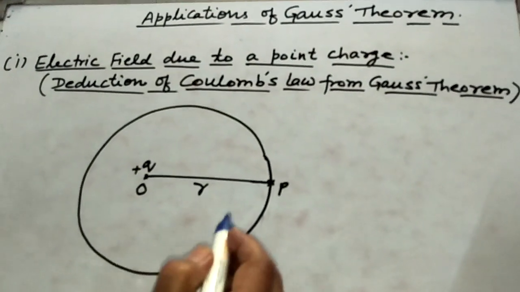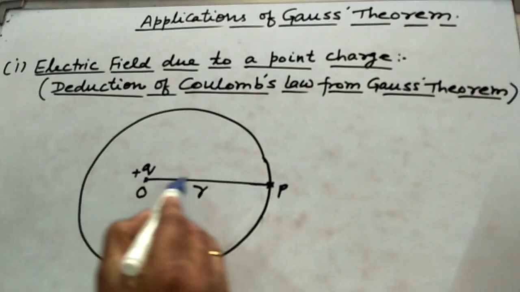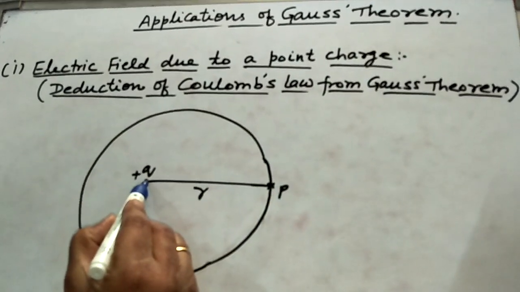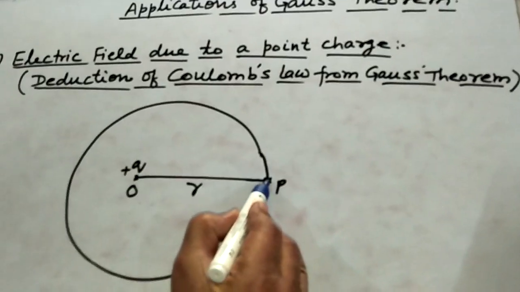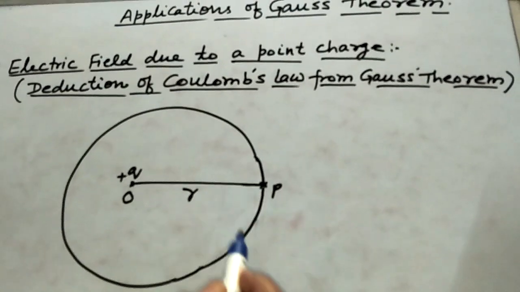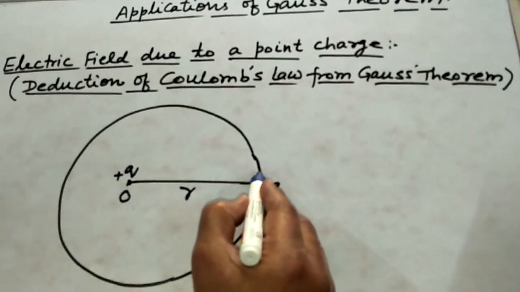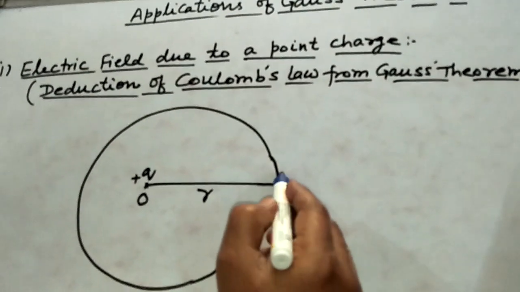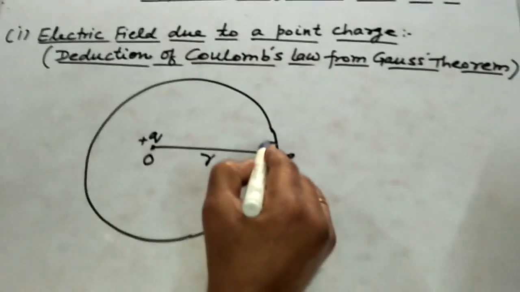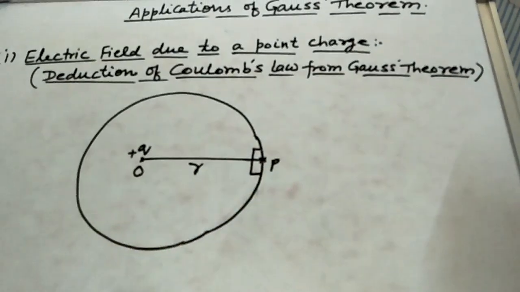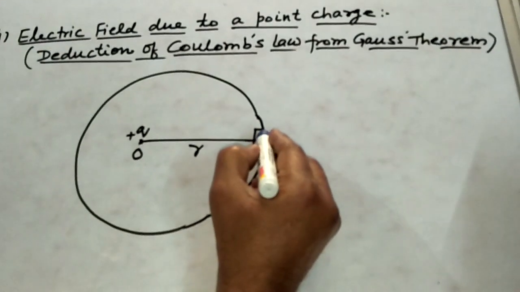So first we draw a spherical surface symmetrical to the charge Q that passes through the point P. And now we consider a small area element around the point P.